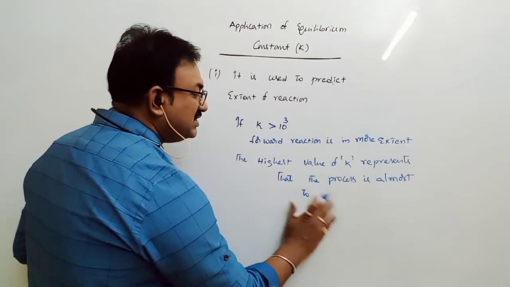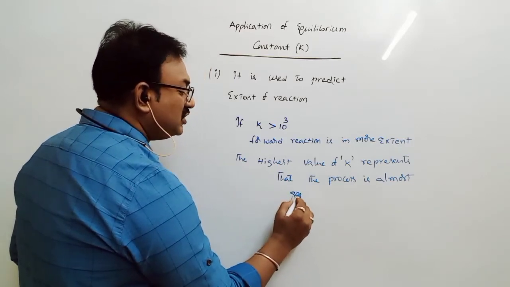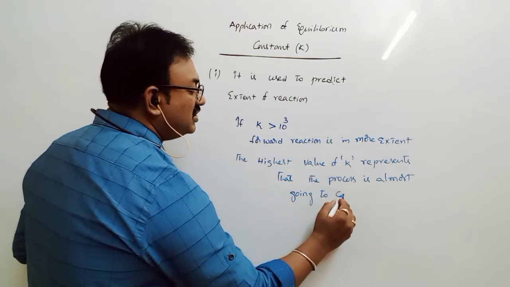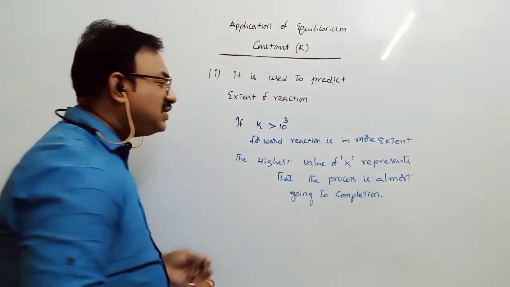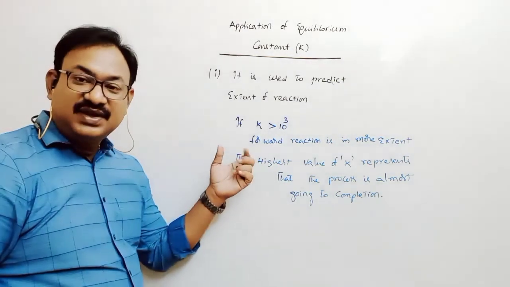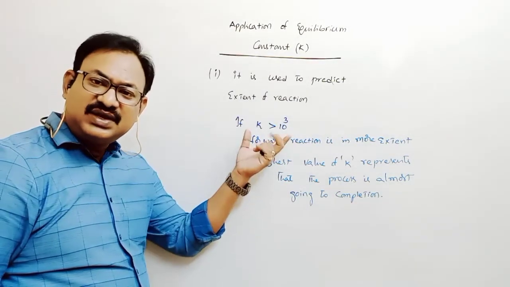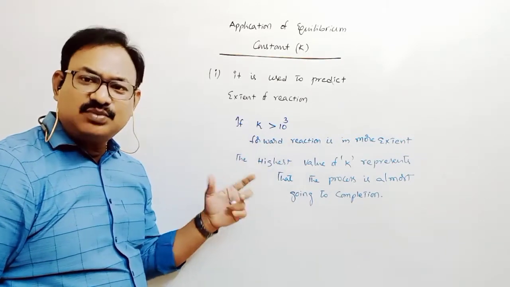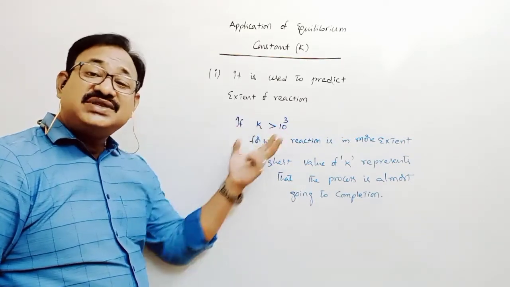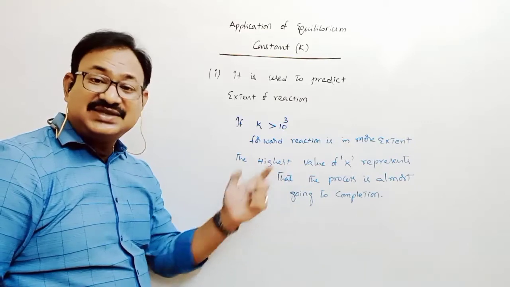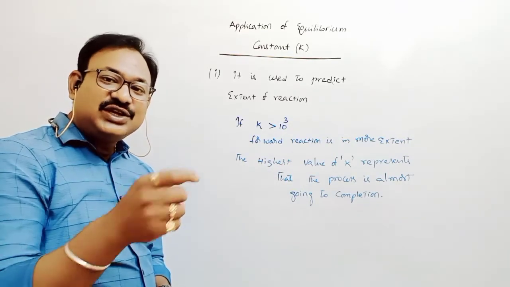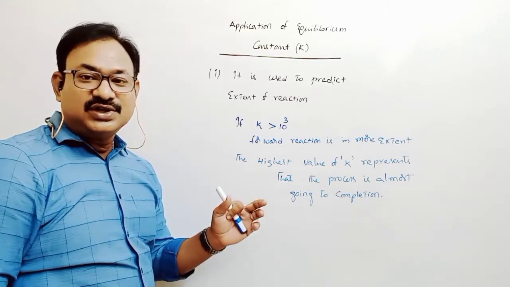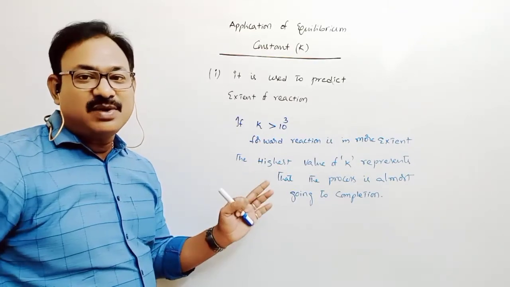Okay, so if K is greater than 10 power 3, usually forward reaction is in more extent. अगर इससे भी ज़्यादा है तो मतलब highest value of K always indicates that the reaction is almost going to completion. That's what you have to remember.